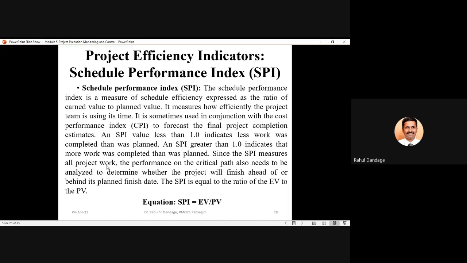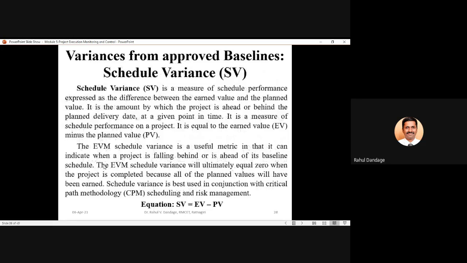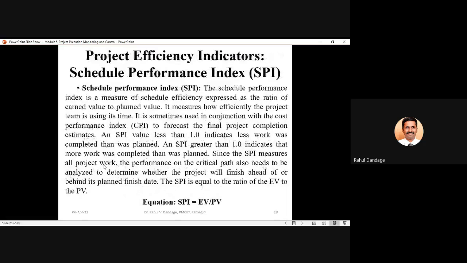Then going to the next, that is schedule performance index, that is SPI. If we go for schedule variance, we take the difference between EV and PV, and when we go for schedule performance index, we take the ratio of EV and PV.